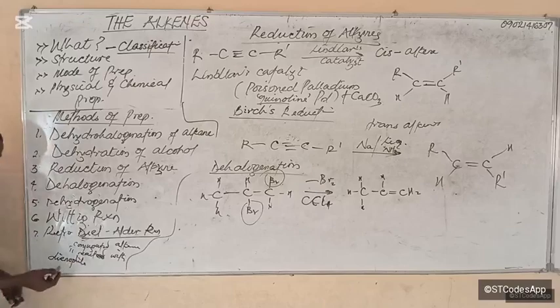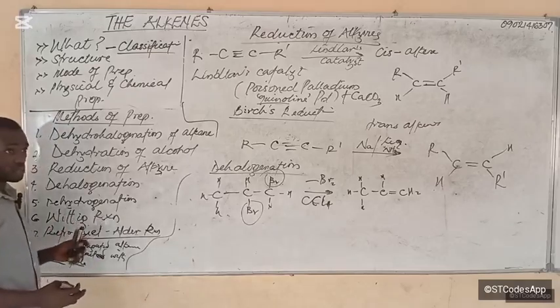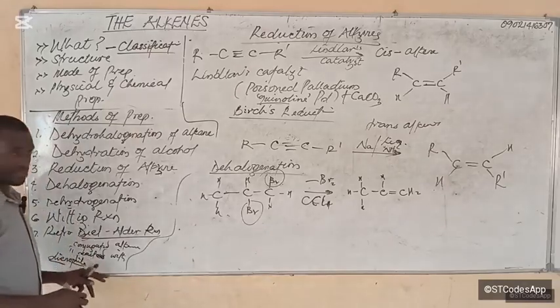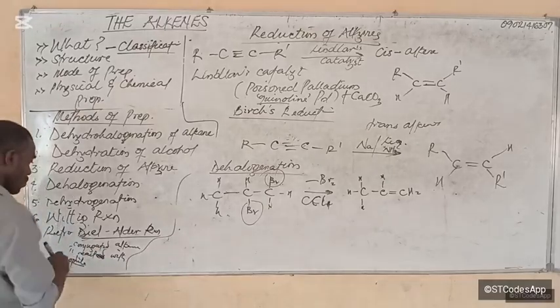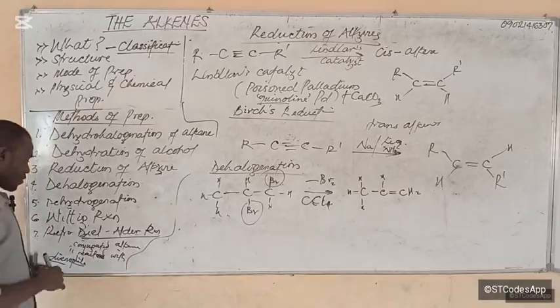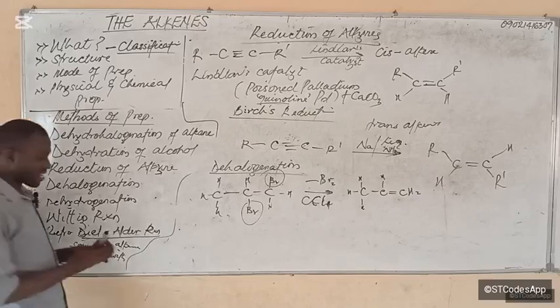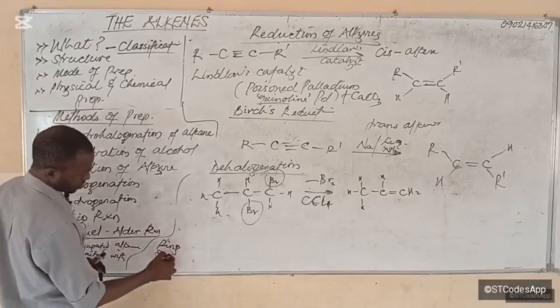A dienophile means a diene lover. The dienophile could be another diene, another alkene, or an alkyne, whichever it is, and what you give rise to is a ring system.